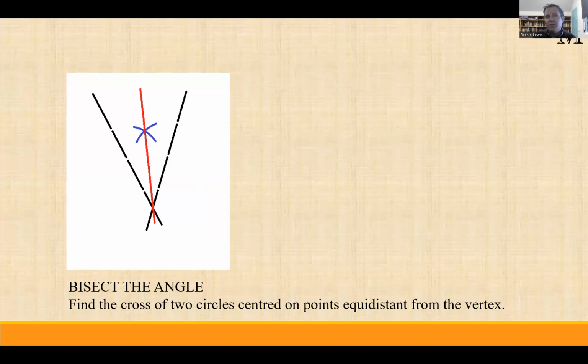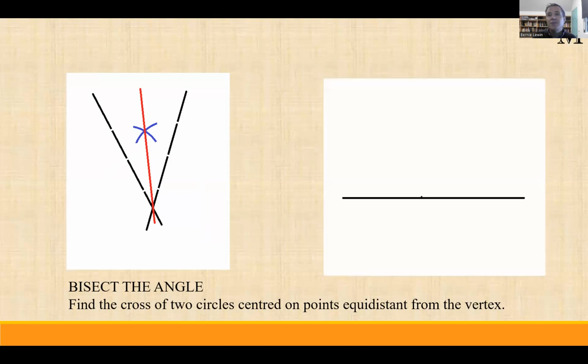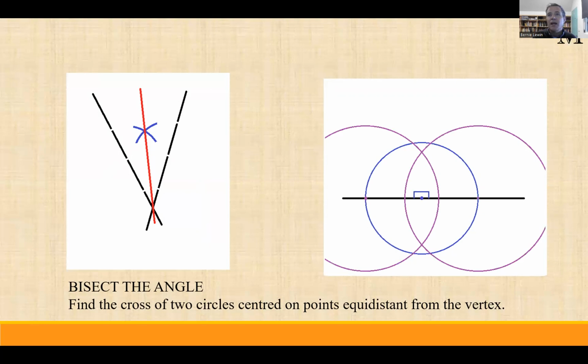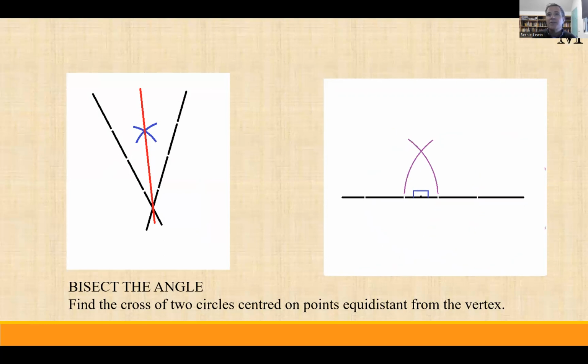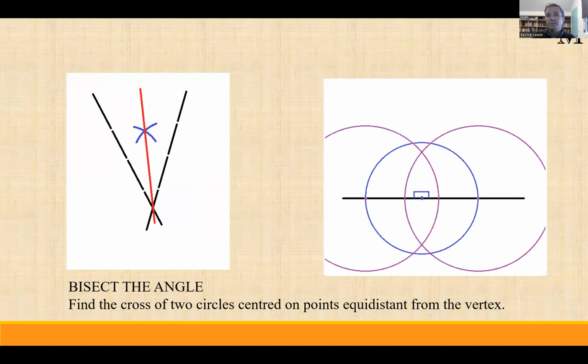You can do that with acute angles, you can even do it with obtuse angles, and you can also do it with a straight line. You mark a point on that line where you want your vertical axis, your right angle, and you do your two circles equidistant from that point.